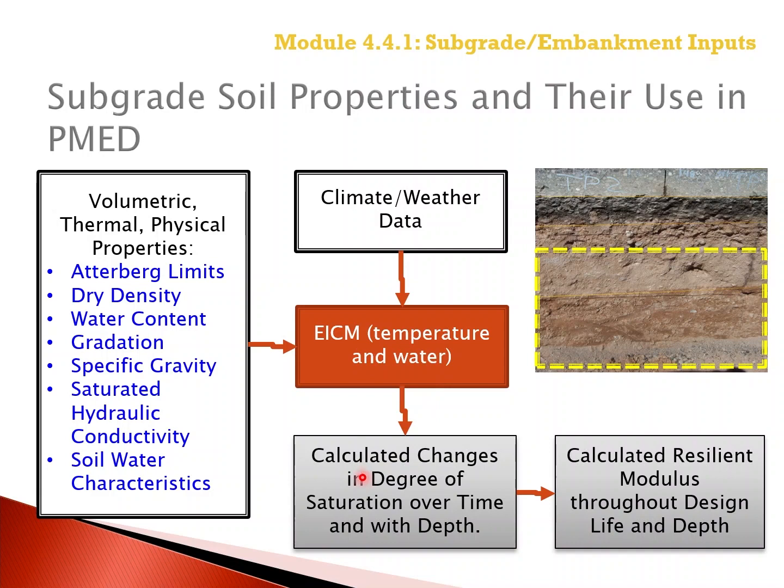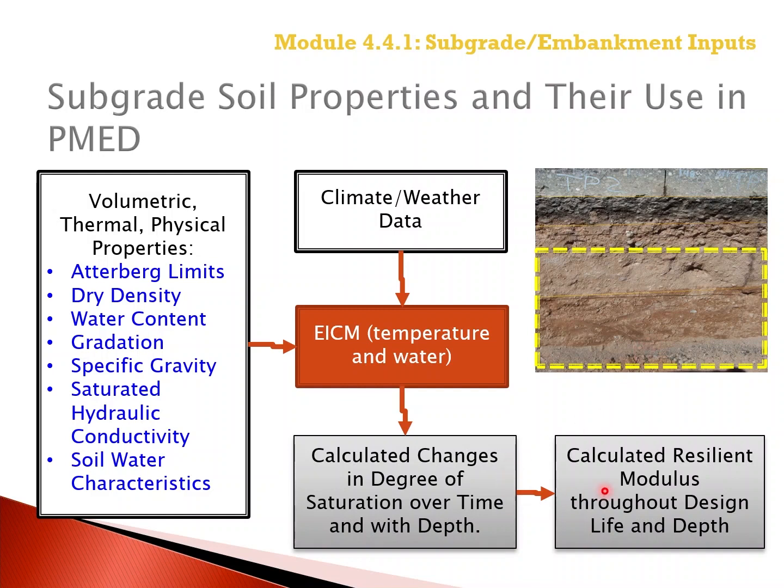And then the EICM calculates changes in the degree of saturation over time and with depth within our pavement structure. So the degree of saturation is determined for each soil strata and the depth of those soil strata that the user enters for a specific design problem, and then that degree of saturation varies throughout the design period.